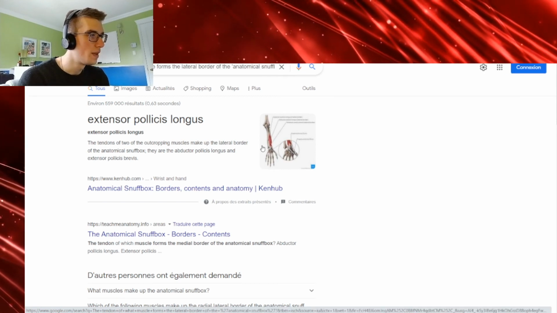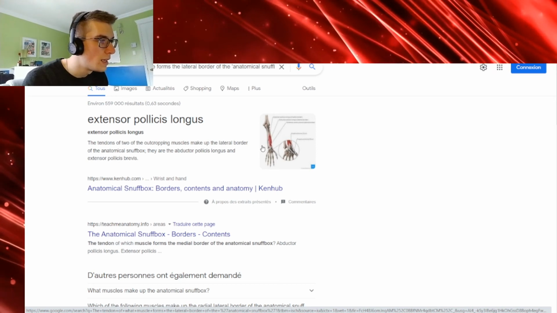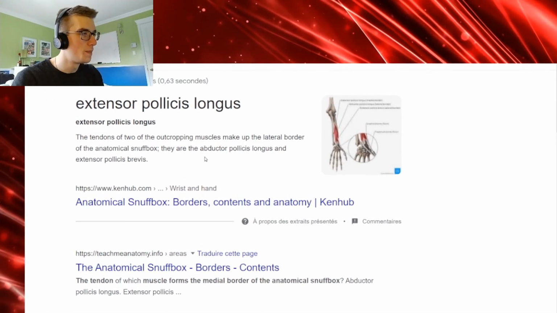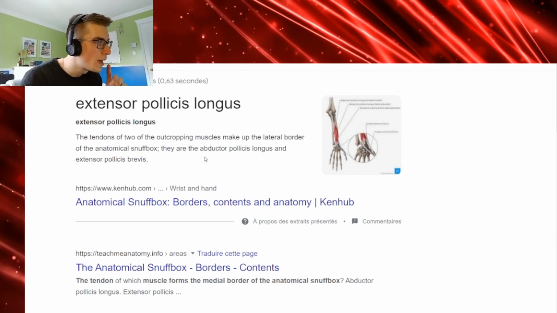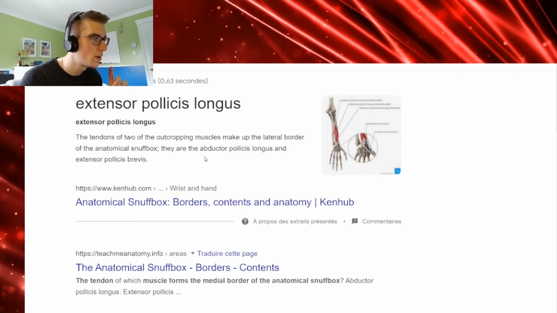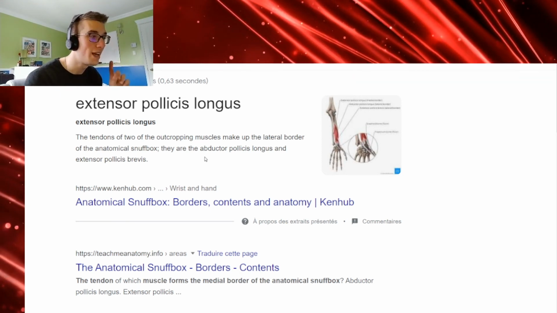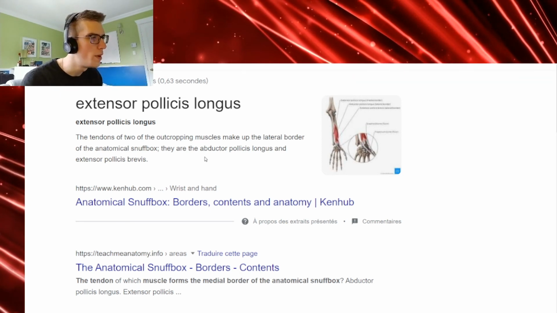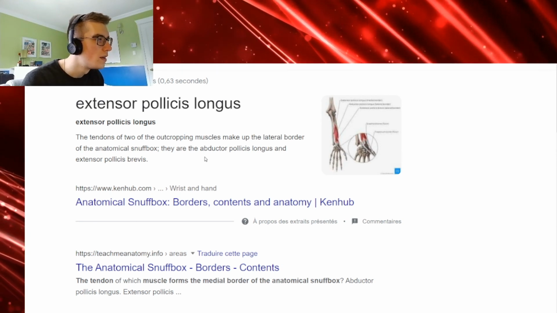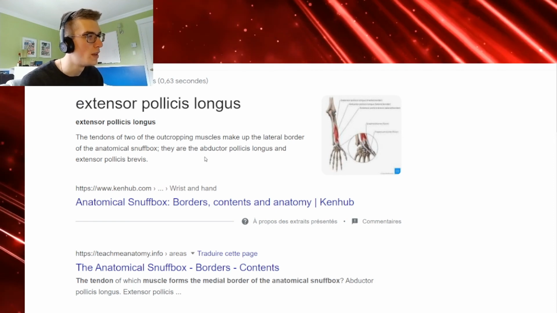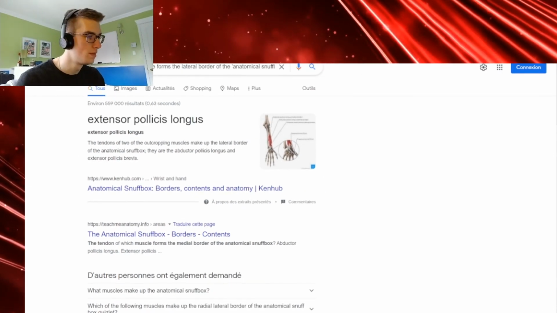Extensor pollicis longus, I said. As they said, look it up. The two tendons make up the lateral border of the anatomical snuffbox. They are the abductor pollicis longus and extensor pollicis brevis. Ah, brevis. The other side. So I was right.